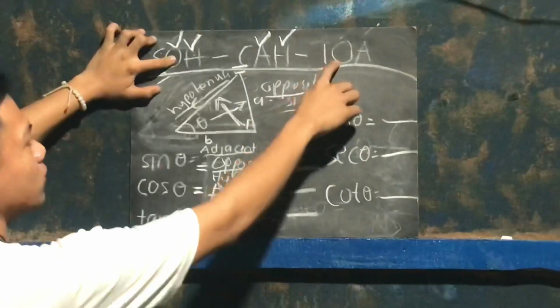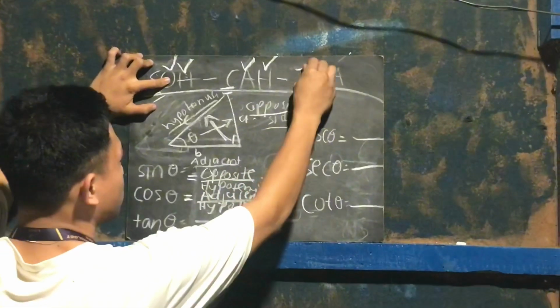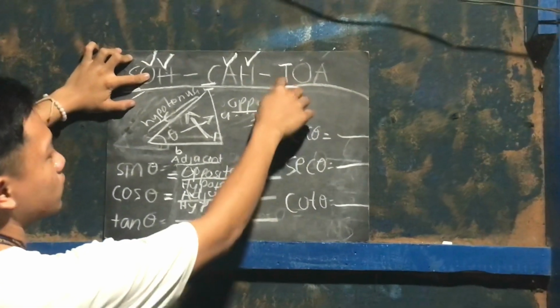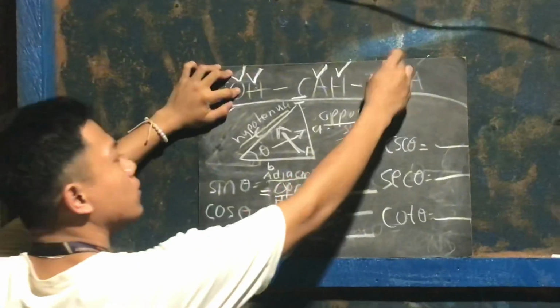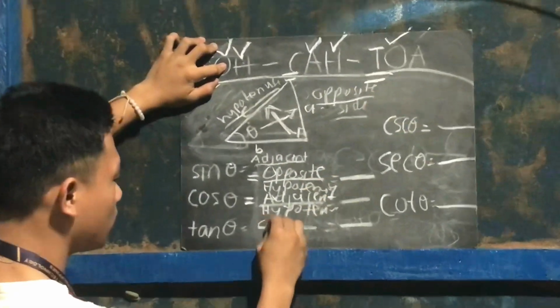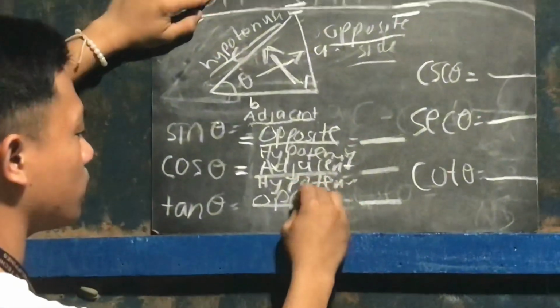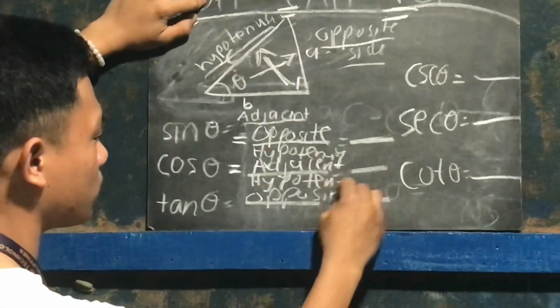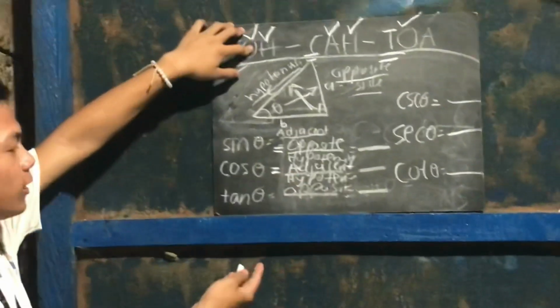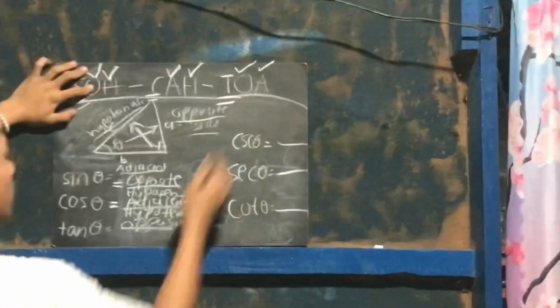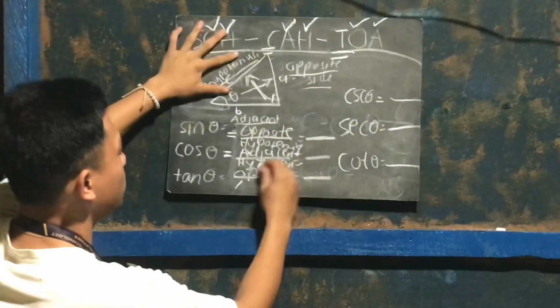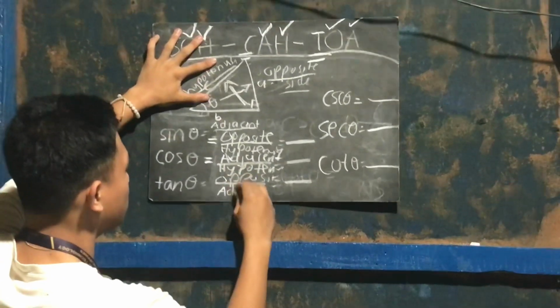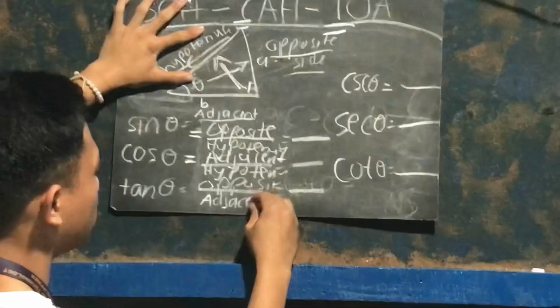Now we go to tan: opposite over adjacent.